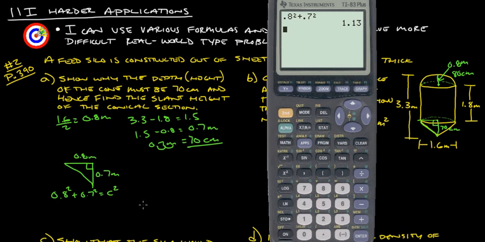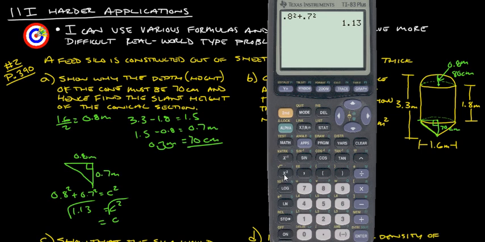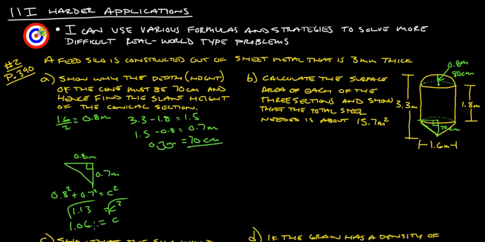So we've got c squared equals 1.13. Then we will square root both sides and get that our slant height is the square root of our answer, and we get 1.06 meters. So let's go with that.